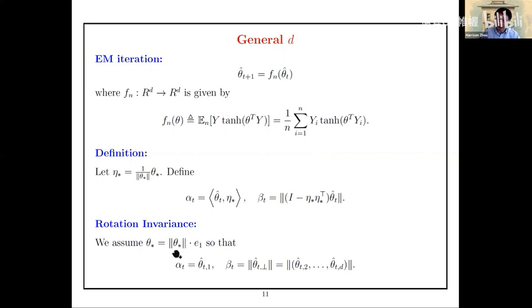In this talk, you may assume the most important part is the first coordinate, and you hope alpha_t would converge to the L2 norm of theta star. Then the rest of the coordinates go to 0. That's the analysis we need.